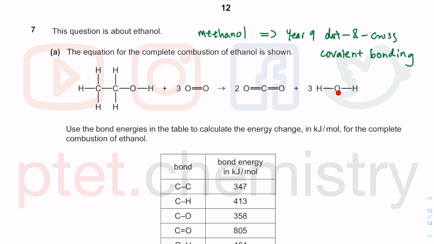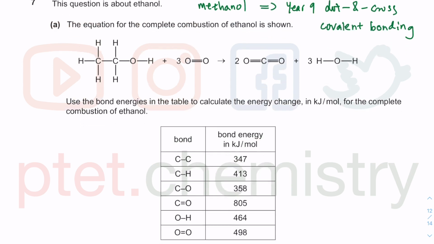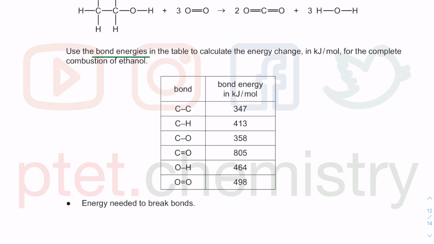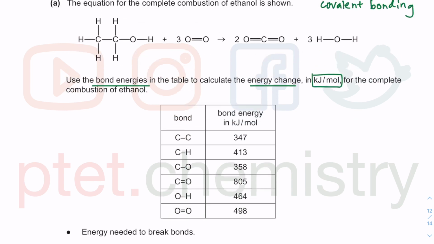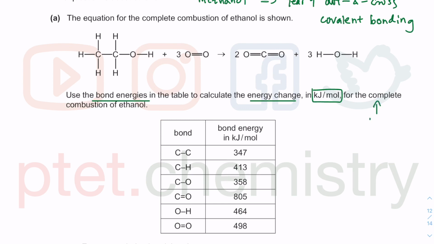This is H2O, oxygen forming 2 covalent bonds, hydrogen forming 1 covalent bond each. Use the bond energies in order to calculate the energy change. This has to be in kilojoules per mole. Complete combustion of ethanol will give you CO2 and H2O.